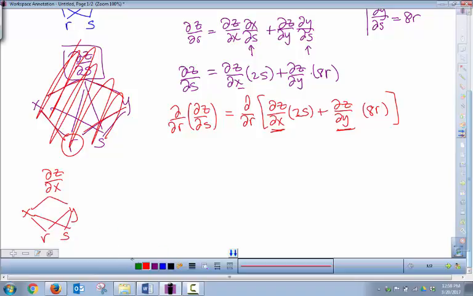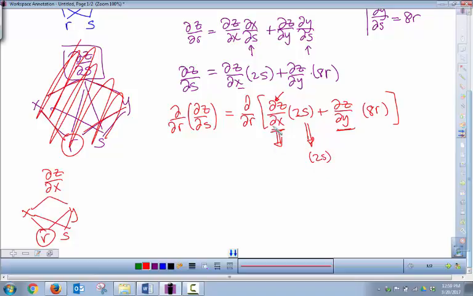If I want the derivative of that with respect to r, this is just a constant with respect to r, right? So let's see if we could do it this way. We want the derivative of this thing with respect to r, times this. So this will just be constant 2s.